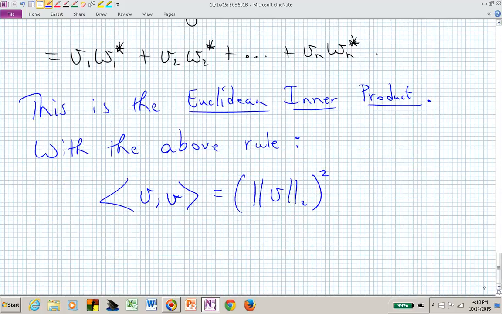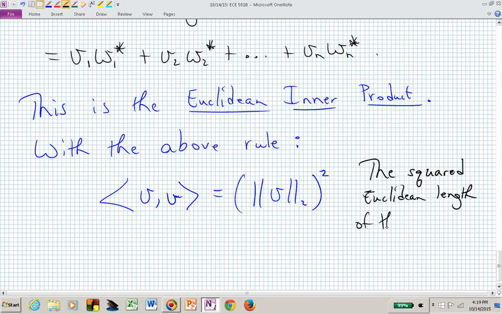So now the inner product actually allows us to produce a norm on that vector space. This is the squared Euclidean length of the vector v.